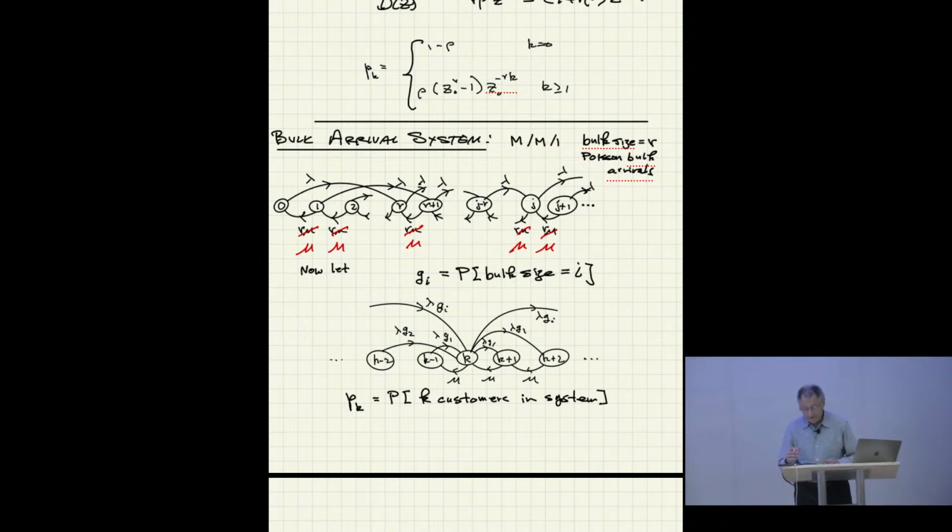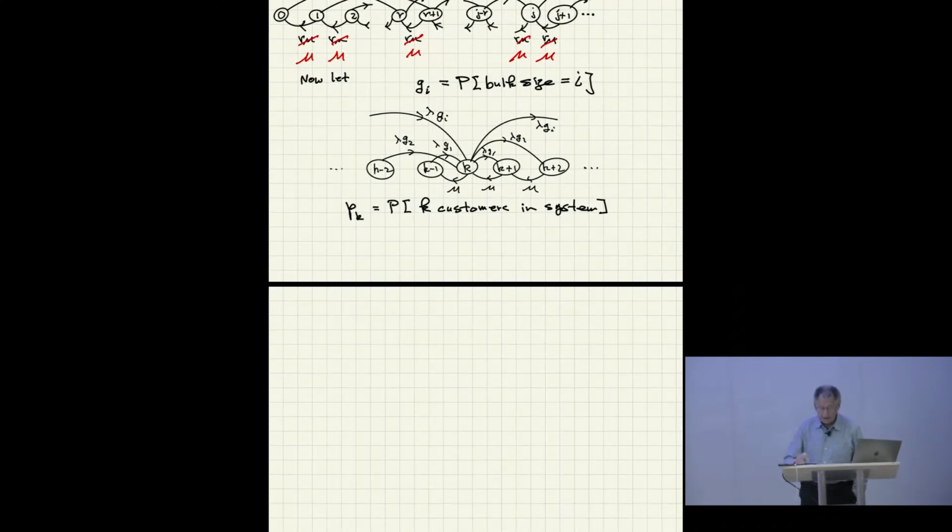So we solved the fixed bulk size from MER1. But now, as I said, we're going to be more generous. We're going to allow a random bulk size each time an arrival comes in. GI is the probability the bulk size is I, not always a fixed number R. And in that case, we saw last time that the state diagram looks like this.